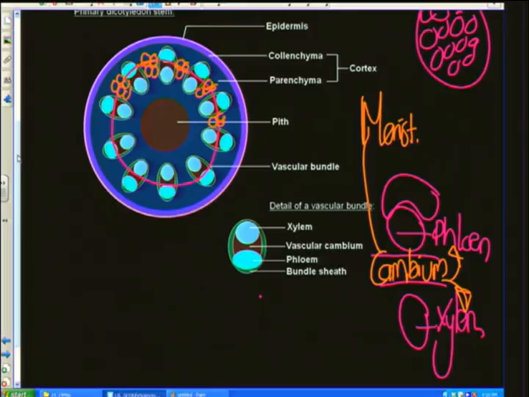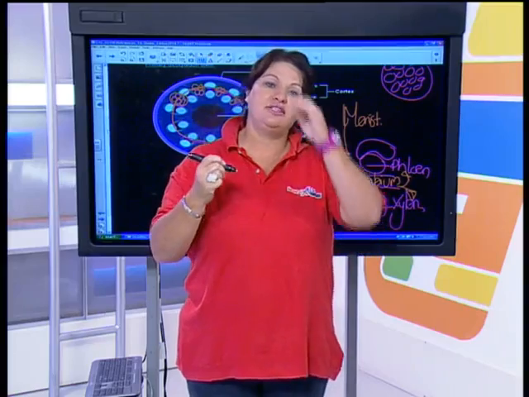And what happens to those parenchyma cells is they become meristematic as well. So that when they become meristematic, you've got this ring, keyword for today, you've got this ring of meristematic tissue.